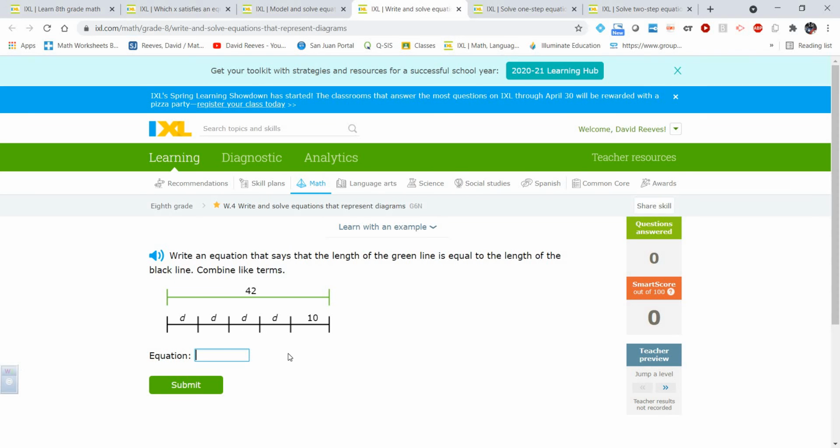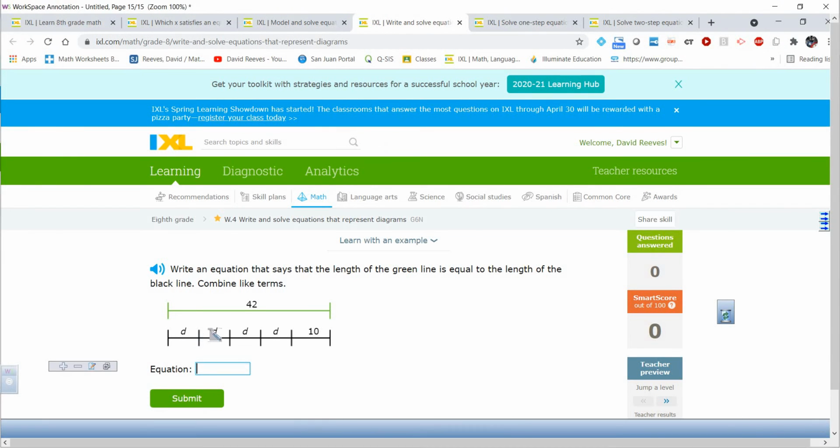Okay, this one right here, we've got, let's see here, 1, 2, 3, 4 D's plus 10. That's the bottom, right? And the top is 42. So 42 equals 4D plus 10. So you need to remember to combine those like terms.